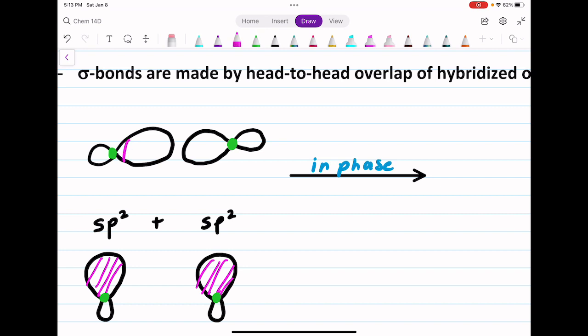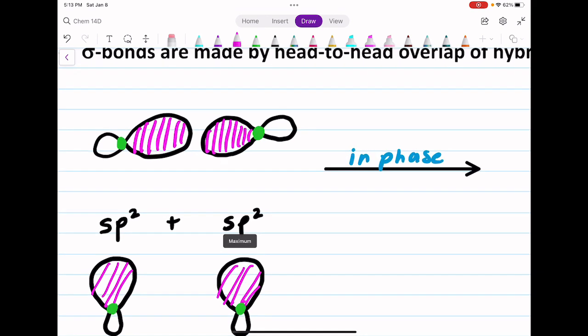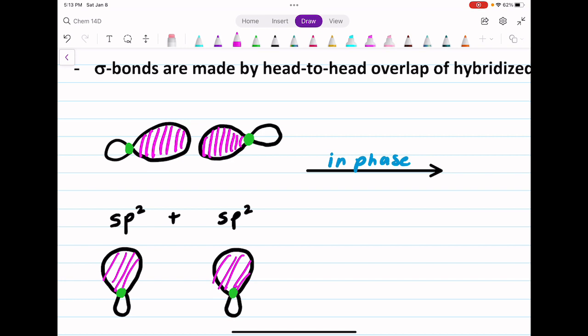Then I'm going to shade them in a way that suggests an in-phase combination, which is two wave functions of the same sign, giving us constructive interference. The reason we do the head-to-head overlap is that this gives us optimal overlap between those two wave functions. So I can take this and drag it here. Remember, the thing I don't want to do is overlap the nuclei with one another.